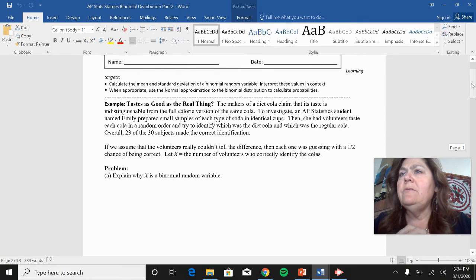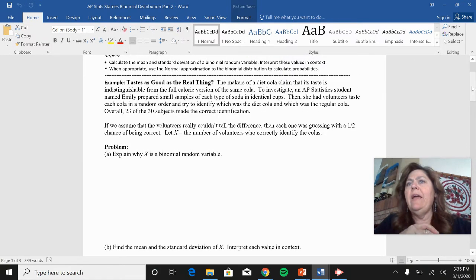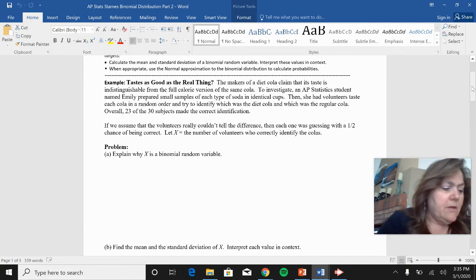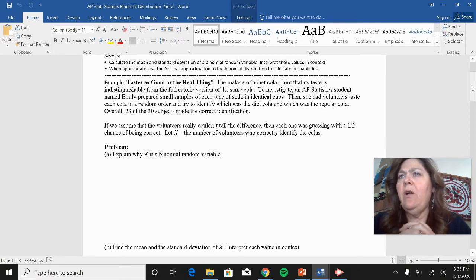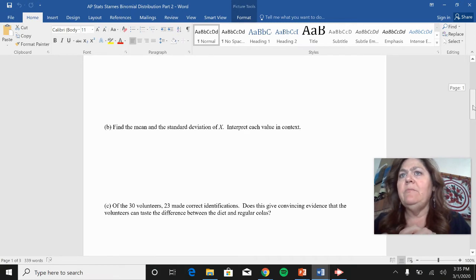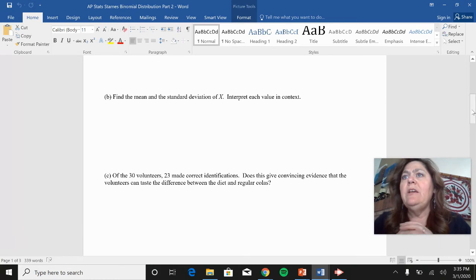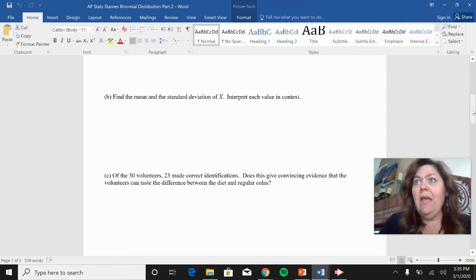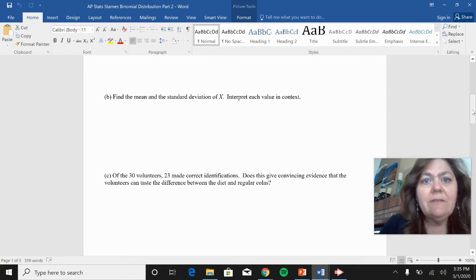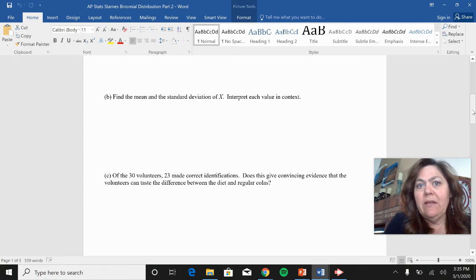So what I'd like you to do right now is apply this binomial situation. Read this problem that you have, describe if it is a binomial random variable or not, and then scroll down here. There's the mean and the standard deviation. Use those two new formulas that I just gave you, NP and the square root of NP times 1 minus P. And when it says interpret each in context, tell me what the mean is in context of this cola problem and what it means about the standard deviation.